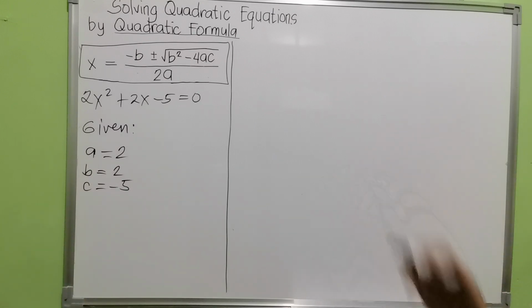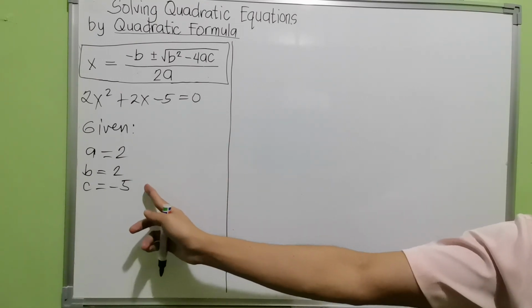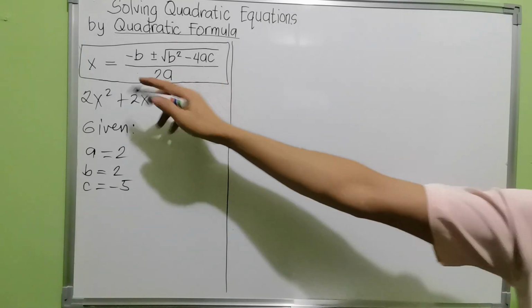Next, we substitute the given values 2, 2, and negative 5 into the formula.